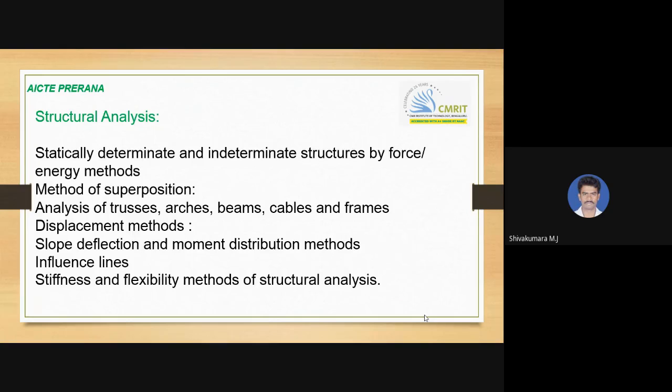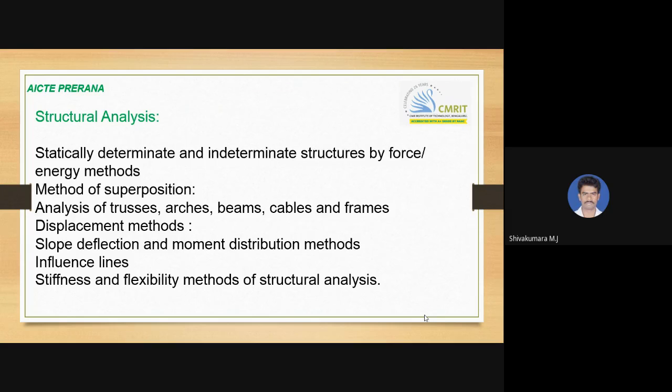So the syllabus is like this: statically determinate and indeterminate structures, their analysis by force and energy methods. Method of superposition, which is already covered in strength of materials. Analysis of trusses, arches, beams, cables, and frames.